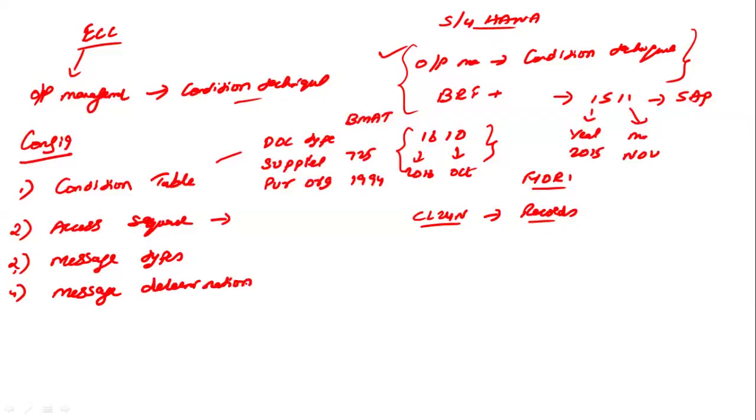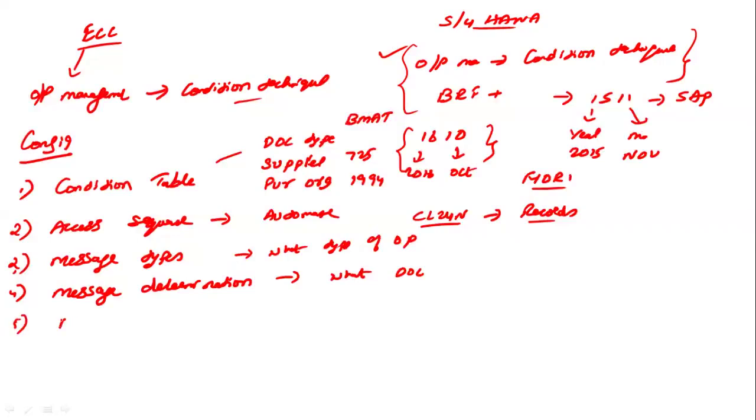Message determination will help you tell for what document we are going to trigger the output. So access sequence will automate. Message type will tell what type of message: printout, EDI, external send, all those things are decided here. In message determination, we are going to say for which document we are going to send.